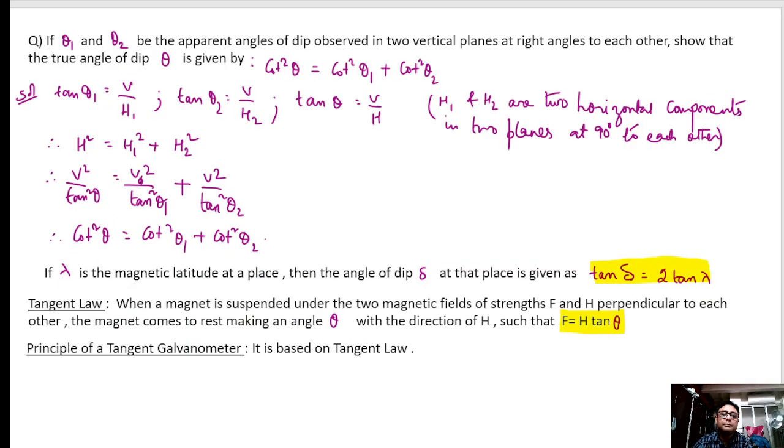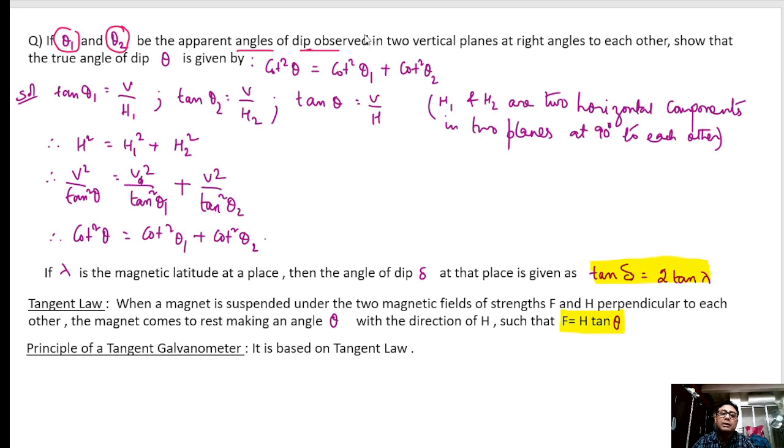Next, a very important sum: if theta 1 and theta 2 are the apparent angles of dip. What is the dip? The angle that the Earth's total magnetic field makes with the horizontal component in the magnetic meridian.